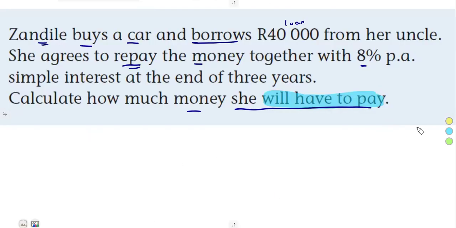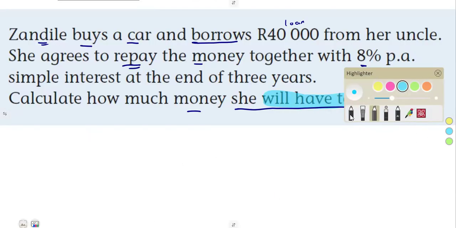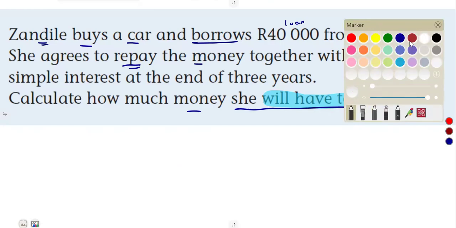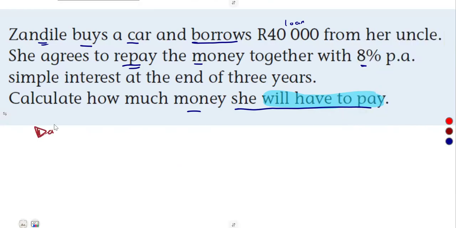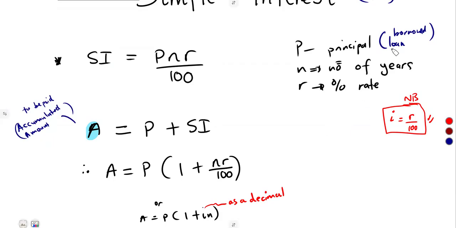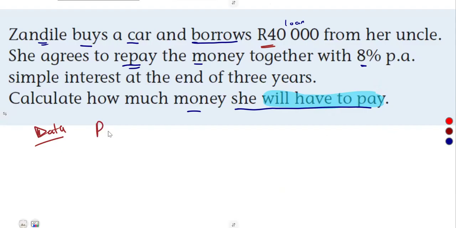Let us take our data or information from what we are given. So here, the money that is being borrowed, which is the loan, represents what? The principal. Remember, the loan, the money borrowed is P, principal. So P is equal to 40,000. She borrowed 40,000 rand.